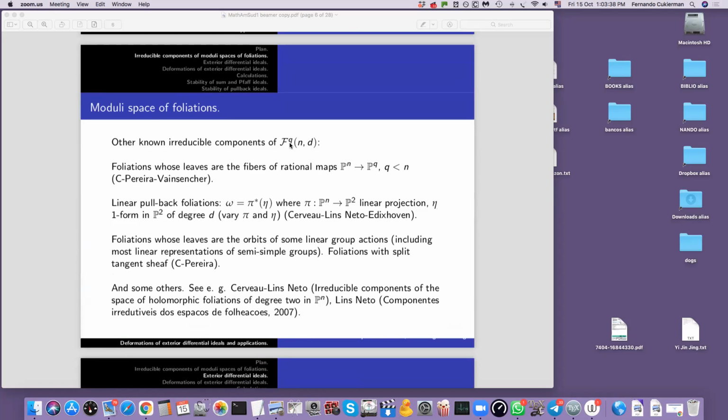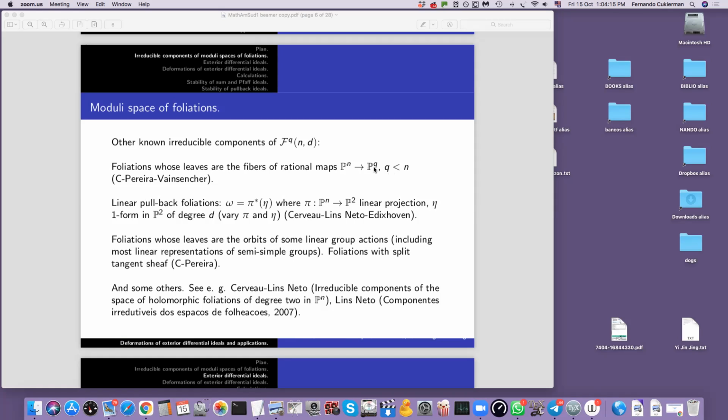So we'll talk about foliations of codimension q. One way to obtain foliations is just to consider a rational map from Pn to Pq, for example, a linear projection from Pn to Pq for q less than n, or any polynomial rational map from Pn to Pq. And we look at the fibers of such a rational map.